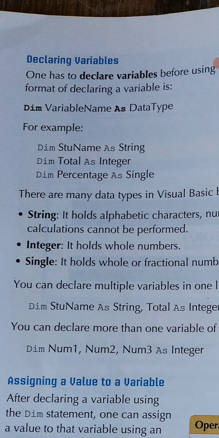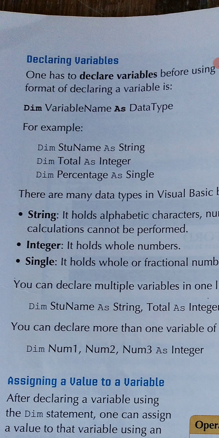We can declare variables by assigning a name and data type. The format of declaring a variable is Dim variable name as data type. Example: Dim student name, you can write your own name, then you write string.